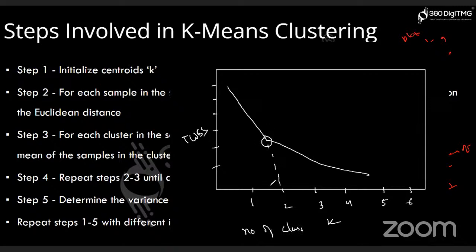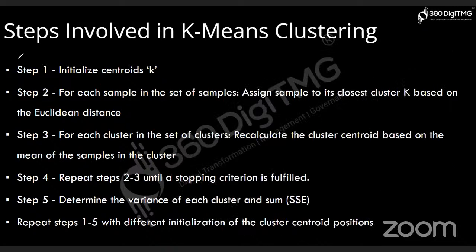It will not be a bend between two numbers; it will always be a bend at one of the k values only. So we will take that k value as our number of clusters. Now we know the number of k, so our first step is done. Before this, we have step 0: determine the k value.